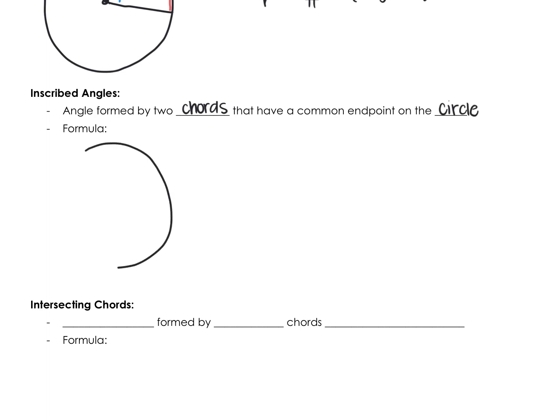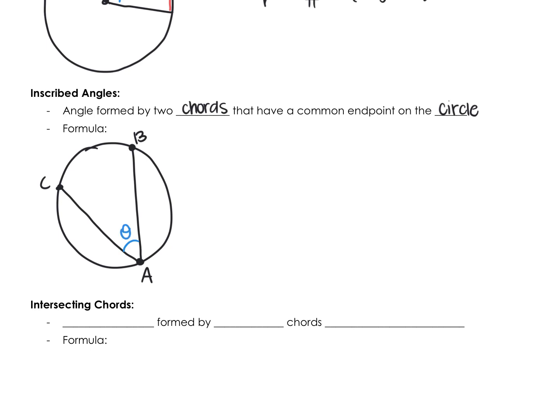So if we're looking at a circle, we draw our two chords. The endpoint is this point A on my circle. And then we have where they end, B and C. So my inscribed angle is this angle theta.